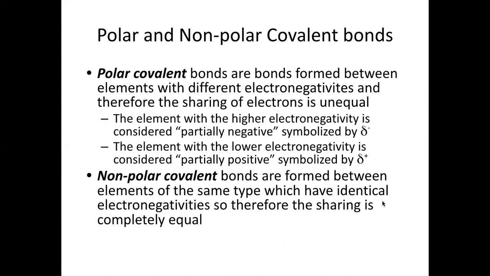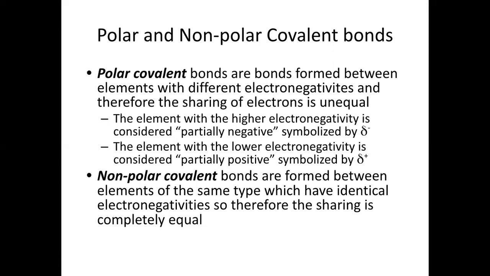So now that we have an understanding of how two atoms can share electrons to form a bond, we have to talk about different types of covalent bonds. So we can have polar covalent bonds and non-polar covalent bonds. Polar covalent bonds are formed between elements with different electronegativities, and therefore the sharing of electrons is unequal.